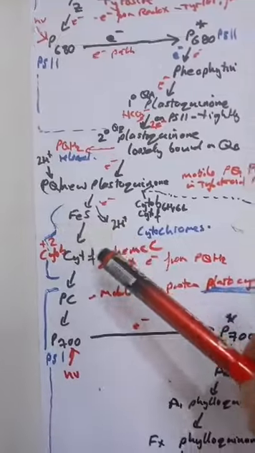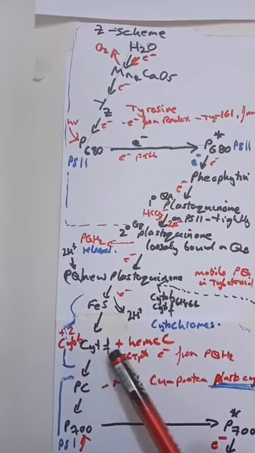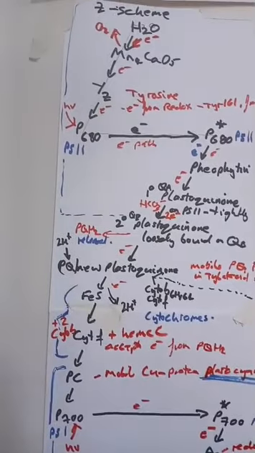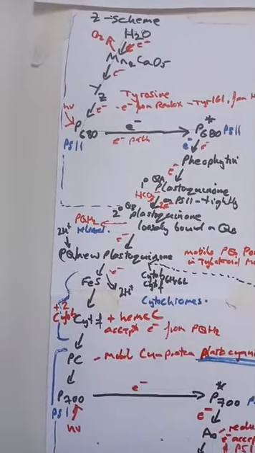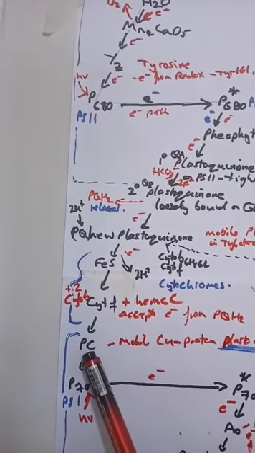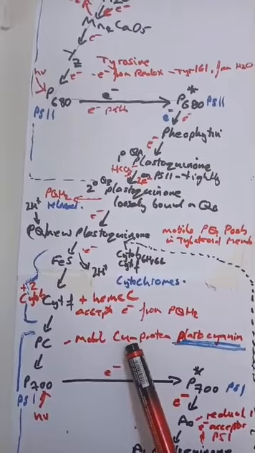And then the electrons are passed onto a cytochrome F, which is also present with 2 cytochrome Bs and a heme C. And then it's passed on to plastocyanin, which is actually a protein with a copper ion, a copper atom.